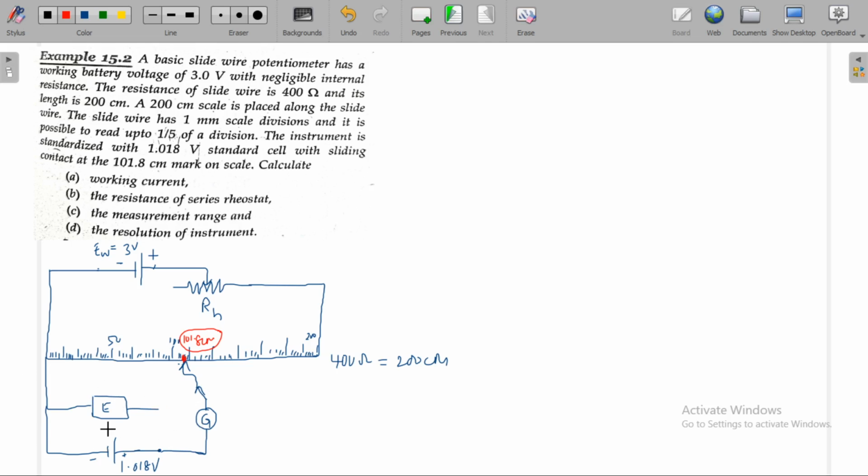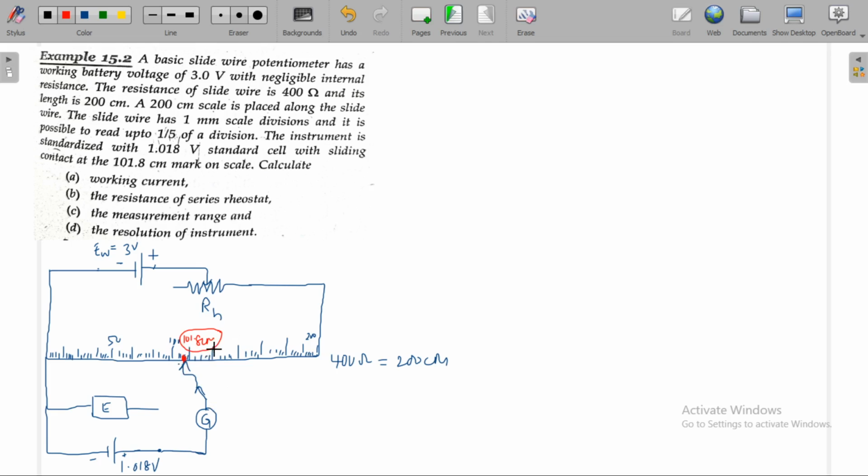Anyhow, it is balanced. Null condition is obtained. The meaning of this is the instrument is standardized with 1.018 volts standard cell with sliding contact at the 101.8 centimeters mark on the scale, means null condition is obtained when this sliding contact is placed at 101.8 centimeters.